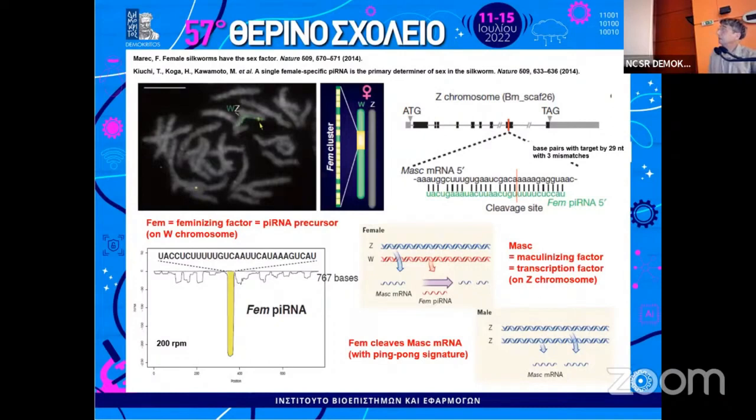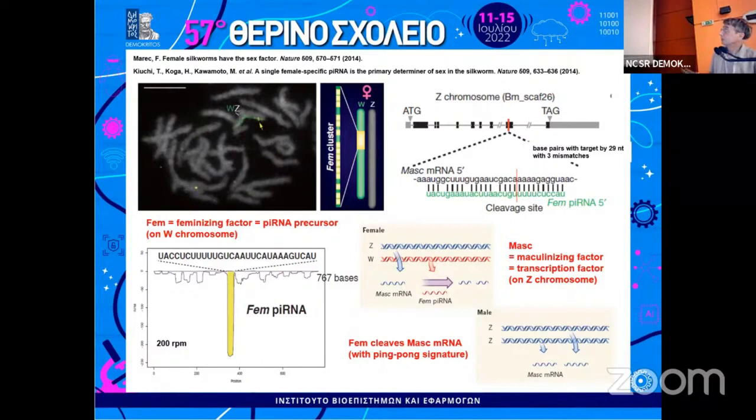This was also observed for one region in the W chromosome, which is the sex-determining region. It was then found that this sex-determining region encodes a piRNA cluster, which is called the Fem cluster. And it was also demonstrated that a particular single piRNA, which is called the Fem piRNA, was expressed at a reasonably high level, about 200 reads per million.